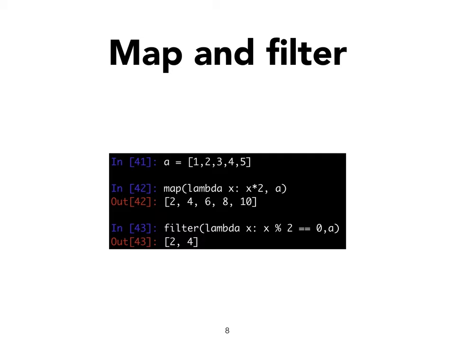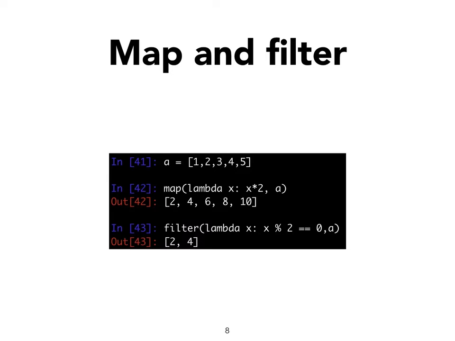The next thing we can do is what's called a filter function, and filter also takes a function and it takes a list. And then it uses the function on each element to determine if it should keep it or not. So here the lambda function we're passing into filter is a function that takes an element x, or a value x, and then it checks if x modulo 2 is 0.